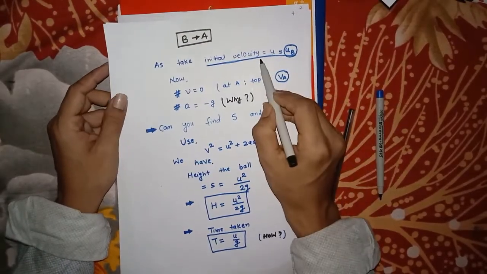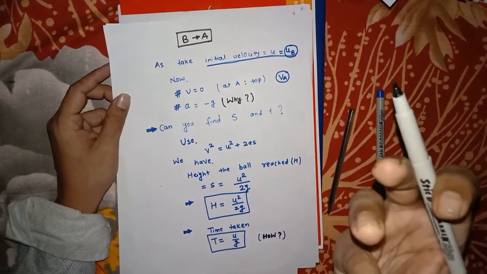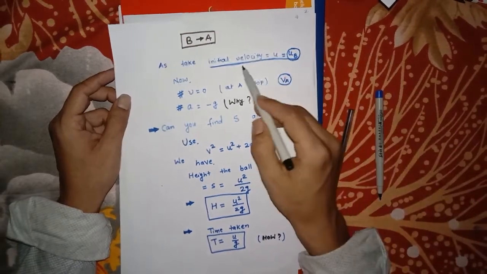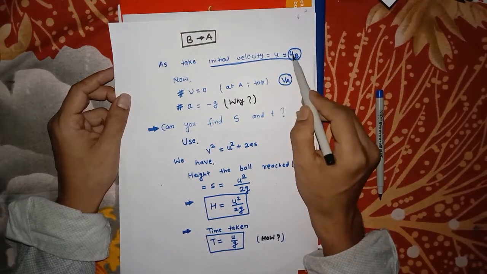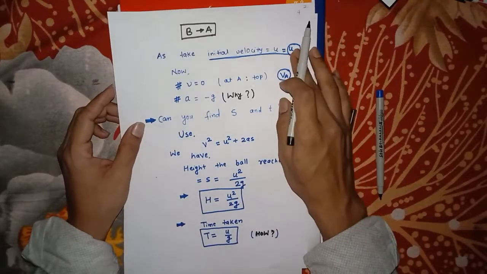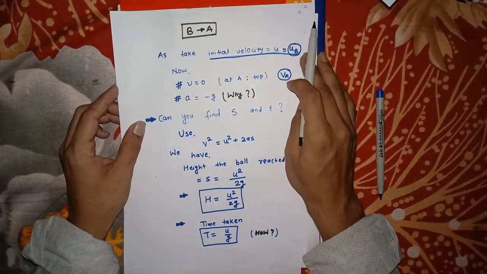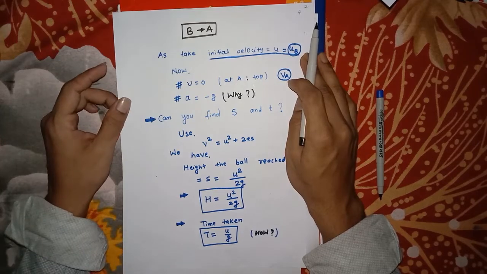Take velocity u, with which you have thrown the ball above. So this is the initial velocity, and I have written u as u_B because here the point name is B, so I am taking u_B as u. Initial velocity is u, by which you throw the ball in the sky.